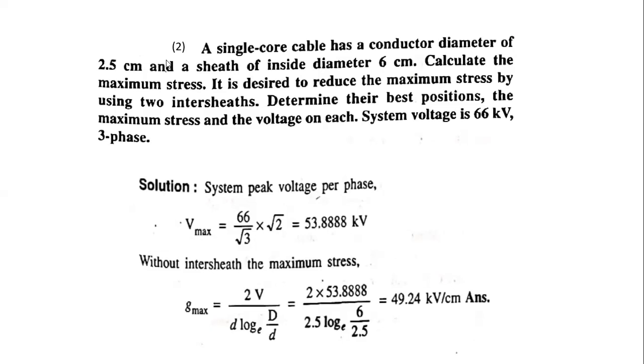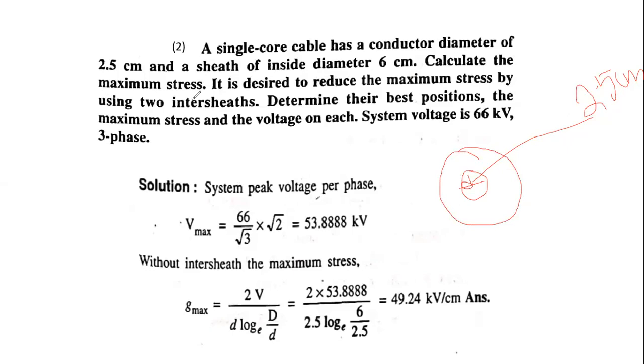Therefore we are considering a single core cable where the diameter of the conductor, small d, is equal to 2.5 centimeters, and the sheath inside diameter is 6 centimeters.